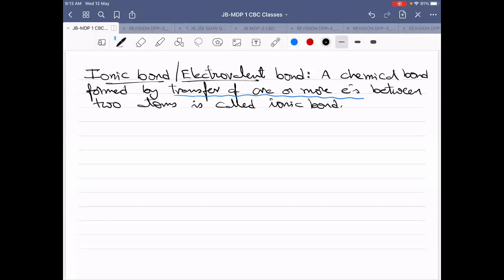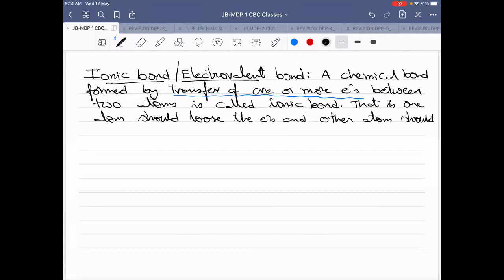That is, one atom should lose the electrons and the other atom should gain those electrons.